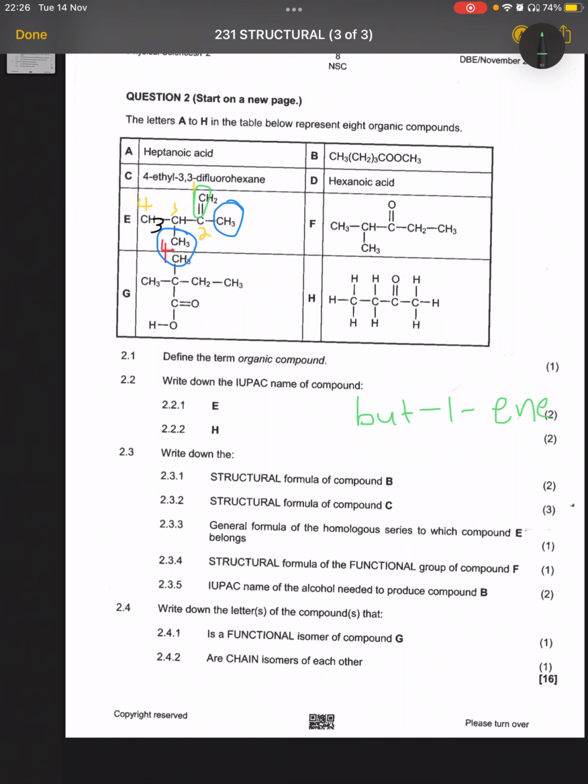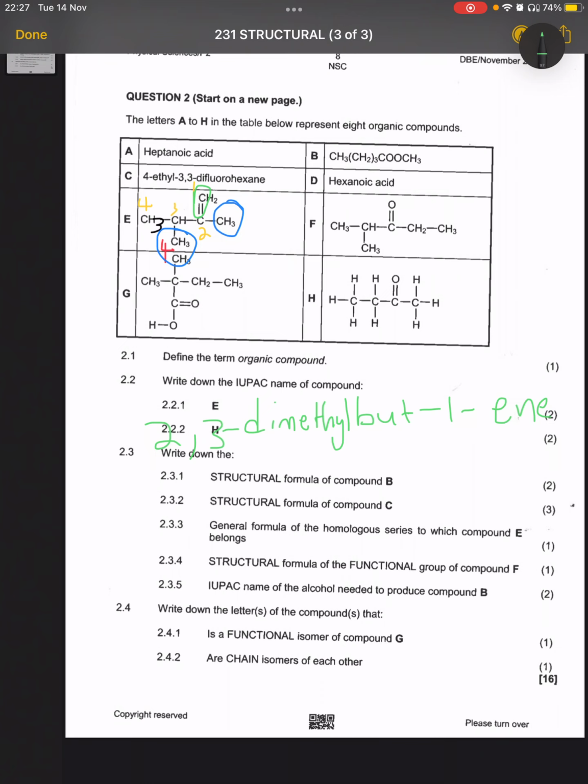Since we are going with the yellow, we now ignore the red one because our parent chain is 1, 2, 3, 4 in yellow. Therefore, we have substituents in carbon number 2 and carbon number 3. Those are 2 methyls, 2 means dimethyl, in the 2,3 position. So this is 2,3-dimethylbut-1-ene.